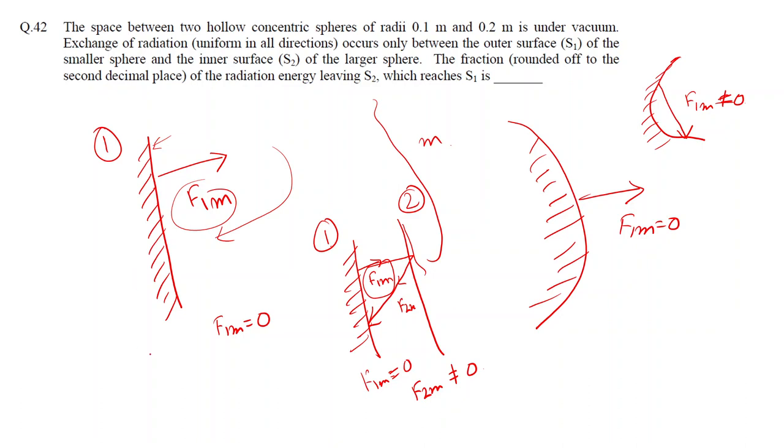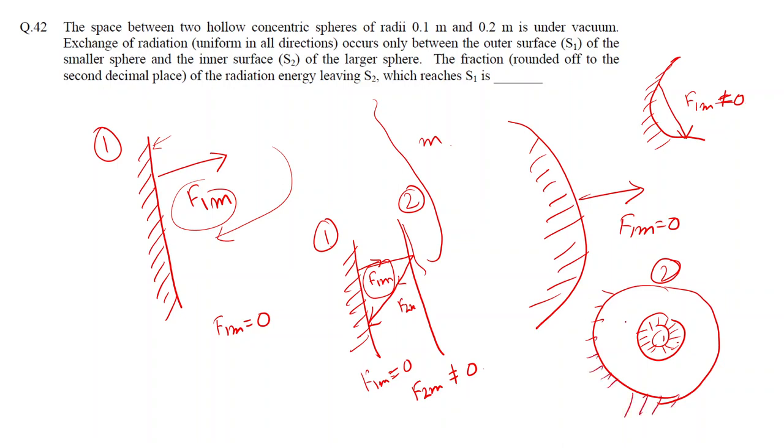And in our question, we have been given these two spheres, and for the first sphere the radiation was occurring through the outer side, and for the second sphere the reflecting surface is the inner side. That is why if a radiation is emitted from the first surface, it won't come back to this first surface.